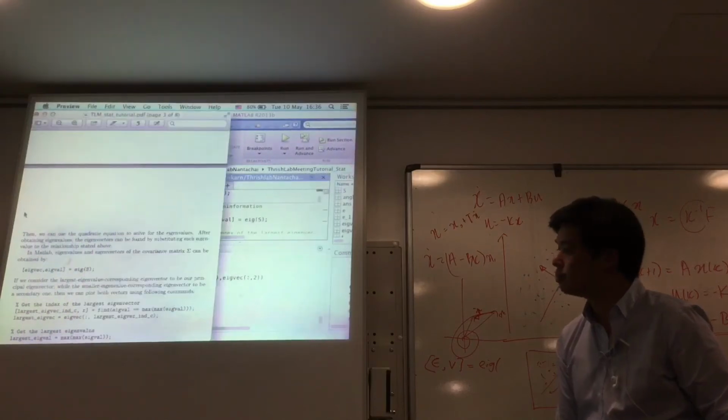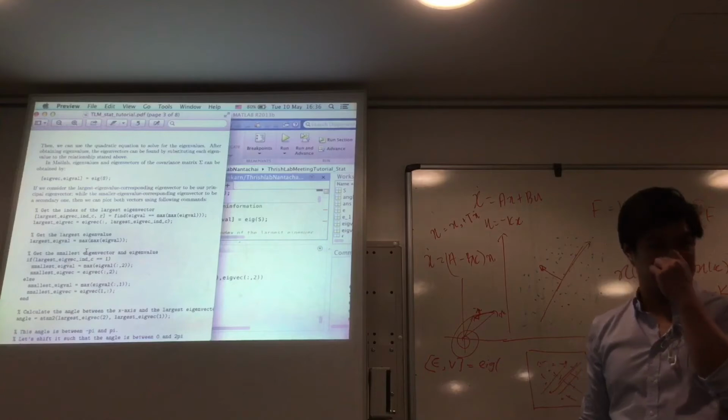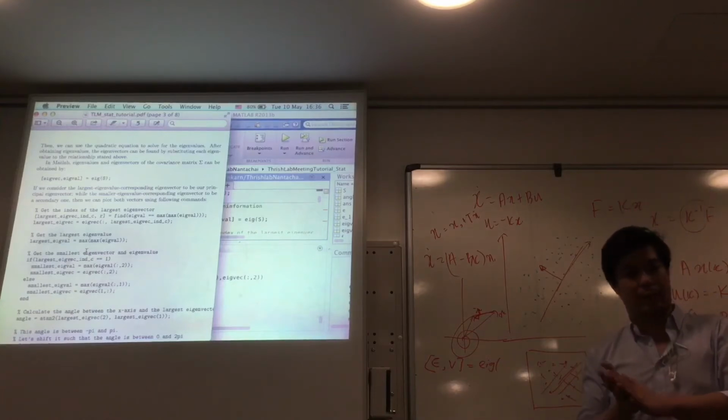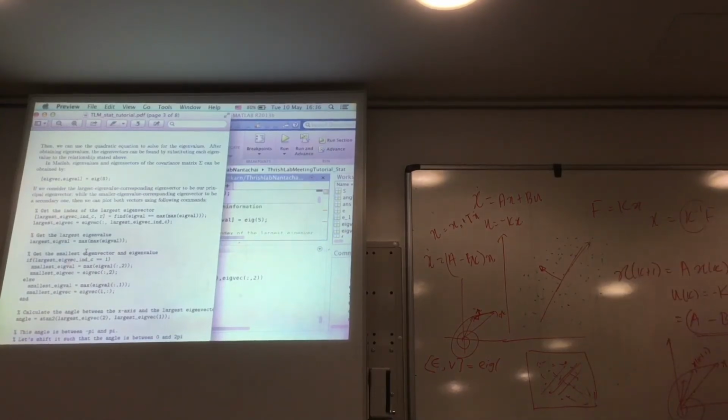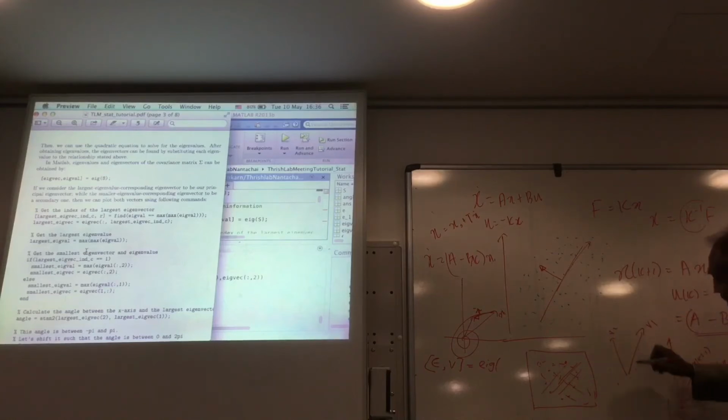What I mean by projection is like the shadow, right? If you have two vectors, V1 and V2, the dot product is this thing. That's the projection of one vector on the other.